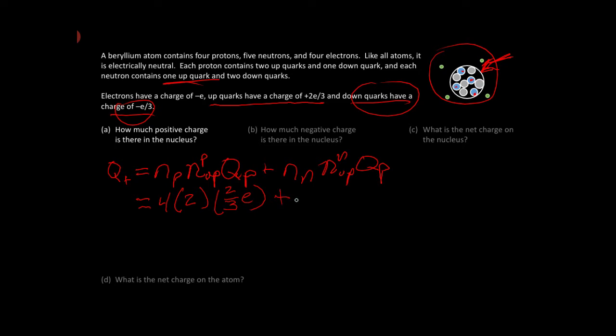And then we're going to add in 5 neutrons times 1 up quark per neutron times 2/3 e, which is the same charge. So that means we have 4 times 2 is 8, 8 times 2/3 is 16 thirds, plus 5 times 1 times 2 is 10 thirds, times e, which is 26 thirds e.